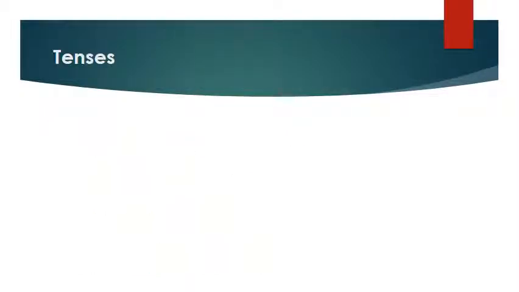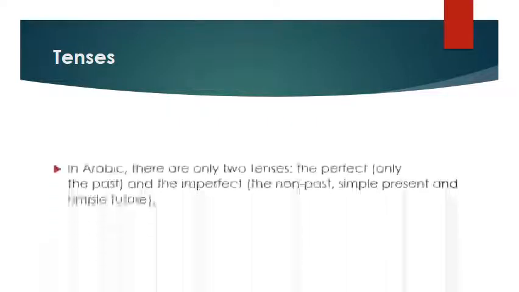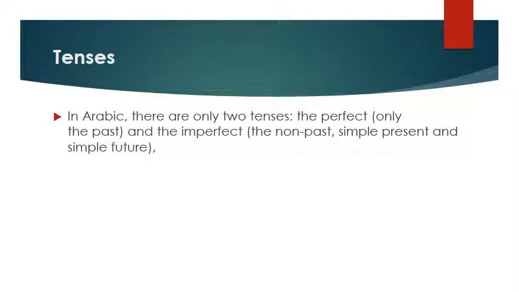So here we are going to talk about tenses, and I guess you have a good idea about the difference between tenses in Arabic and English. In Arabic we have the known two tenses, the present and the past, which are also known as the perfect and the imperfect. So the perfect means the past, and the imperfect means the present.